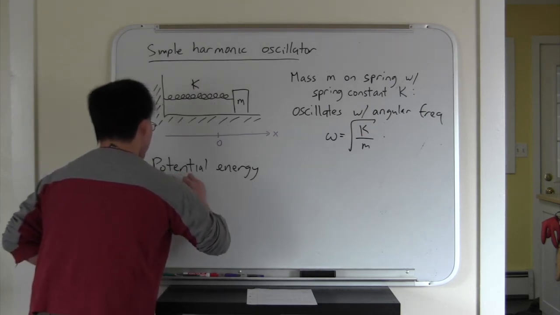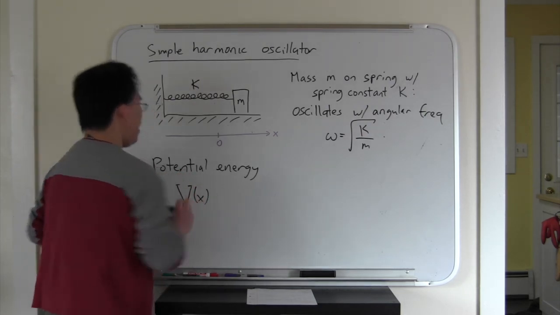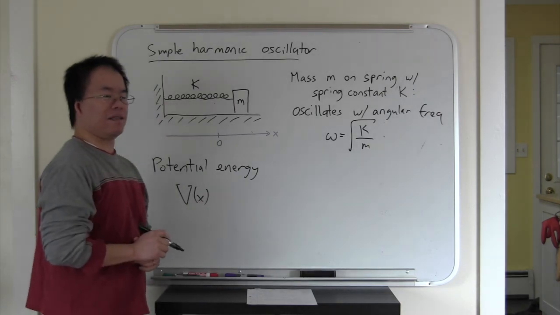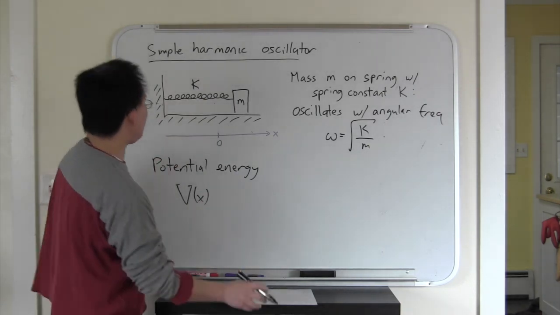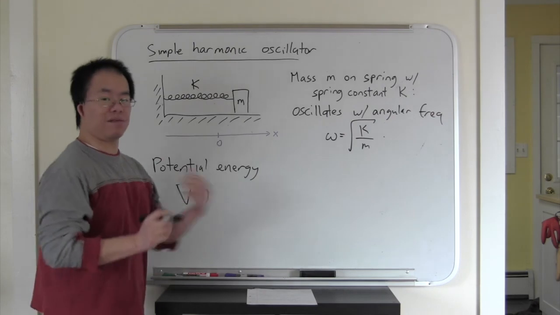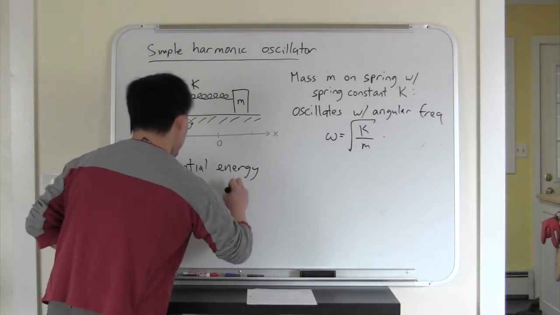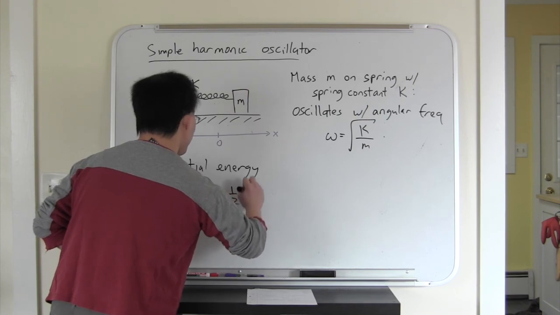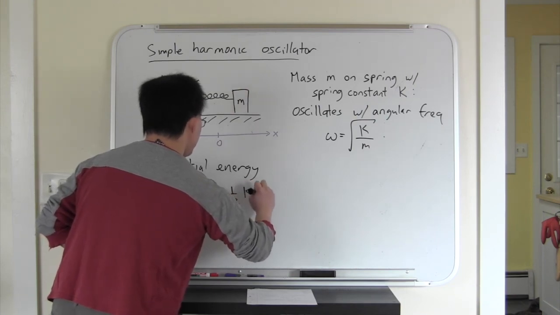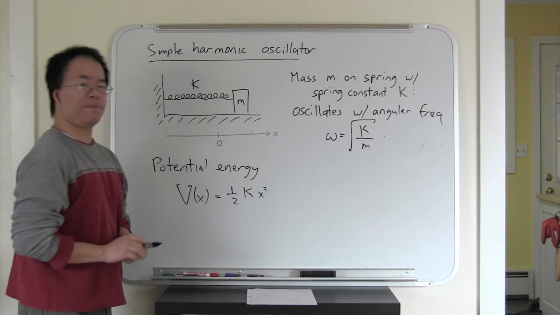You know that it's quadratic in the position x, or displacement from the equilibrium position. It goes like 1/2 big K x squared.